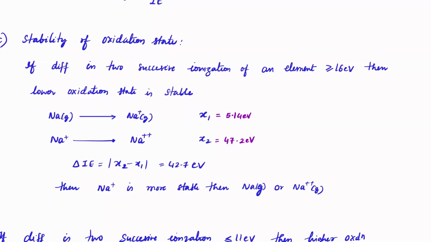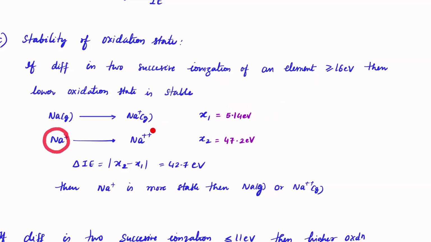Next thing, stability of the oxidation state. That is, if the difference in two successive ionizations is observed to be greater than 16 electron volts, then the lower oxidation state is more stable. For example, sodium, if it has to become Na plus, the amount of energy required is 5.14 electron volts.